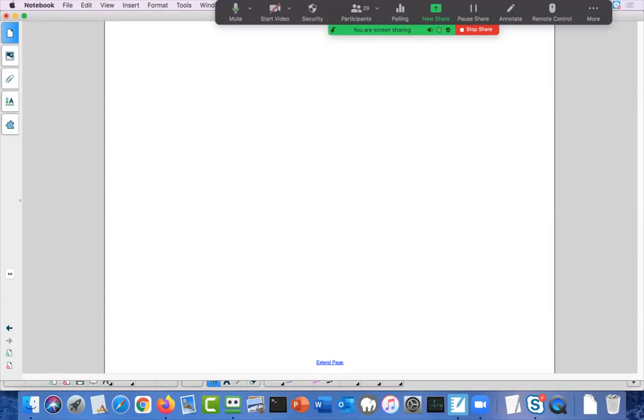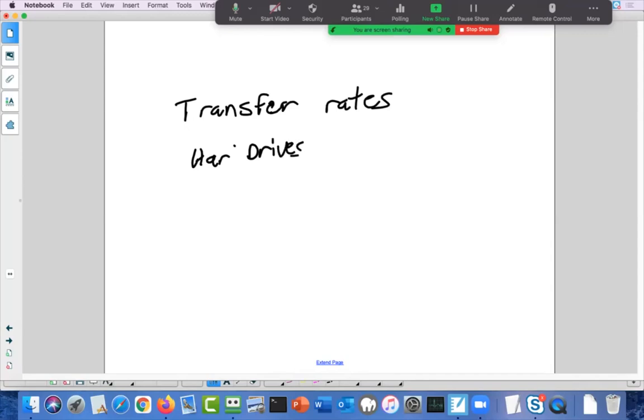So the transfer rates for hard drives, good consumer grade ones, are about 200 megabytes per second. Enterprise is closer to 300 megabytes.